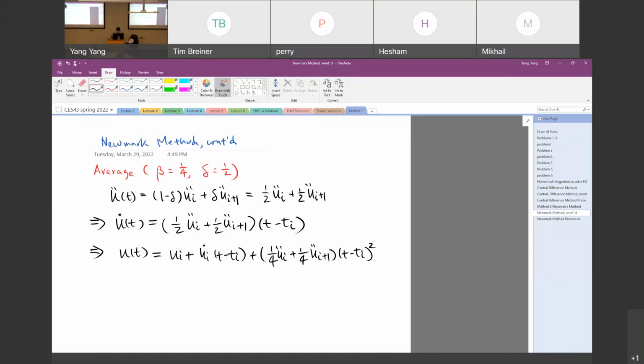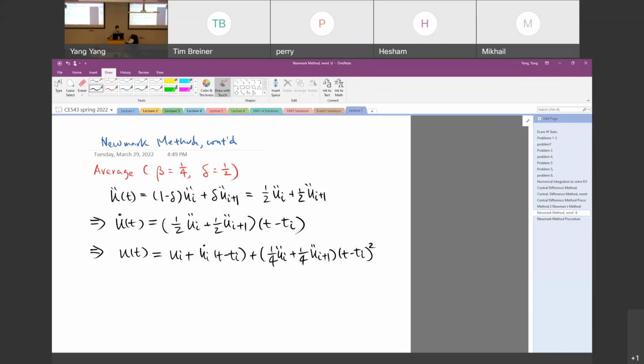So far, no, because we assume that if the acceleration at the beginning and the end of a time step are known to us, we should be able to express the velocity at any given time within the time step in terms of the acceleration at the end and at the beginning of the time step.